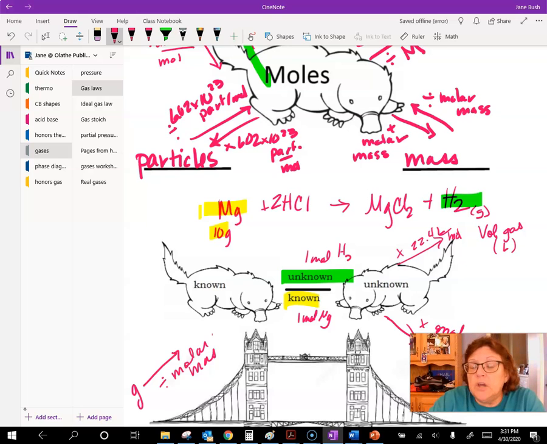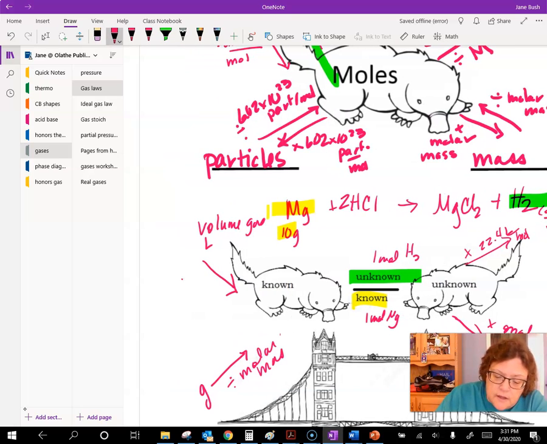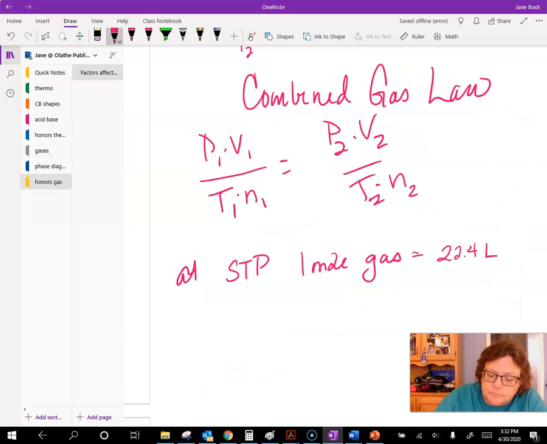By the same token, if we want to produce a volume of hydrogen, and we want to figure out how much magnesium to use, we could start with the volume of the gas in liters, and to go to the known amount, we divide by 22.4 liters per mole. Okay, so you can fill out those pieces in your book, or on your mole map, in your mole bridge.